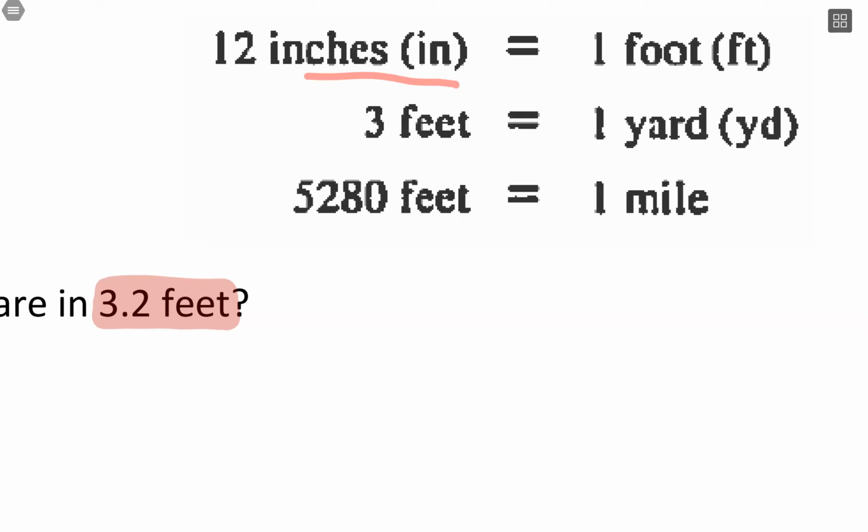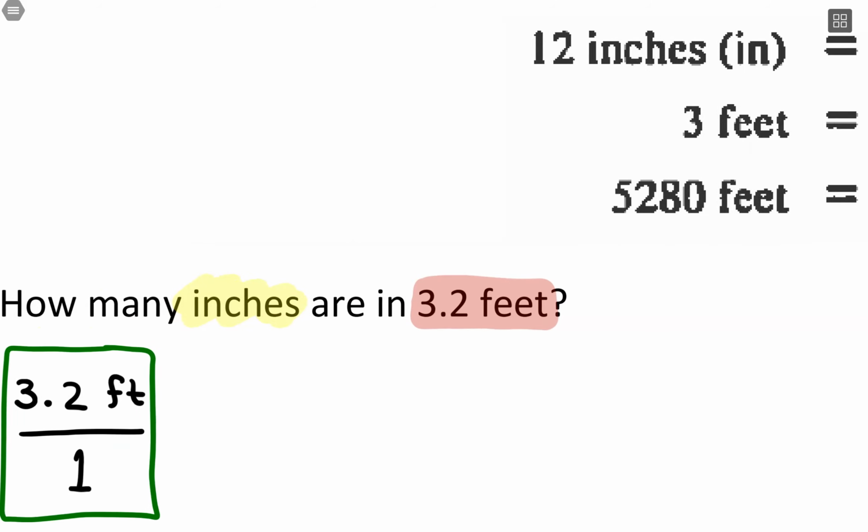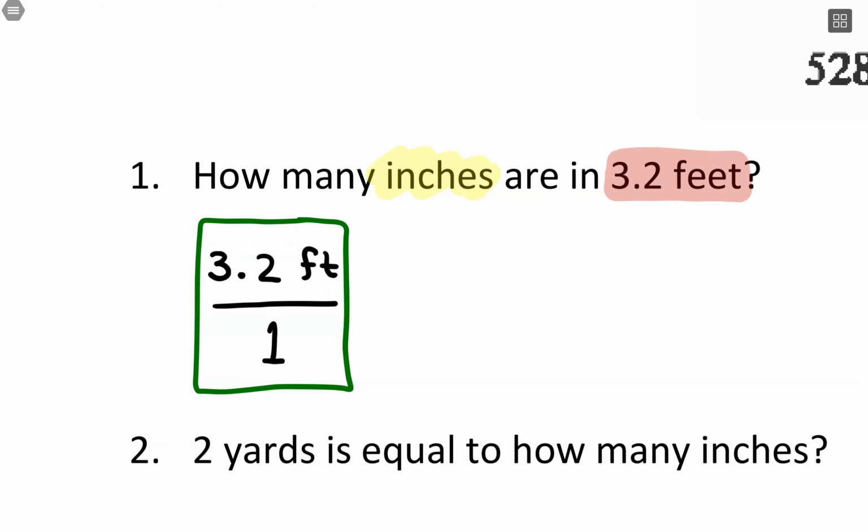But since we know 12 inches is exactly equal to 1 foot, I'm just going to have a single conversion here where we're starting with feet, and then we'll need to do a conversion into inches. So I'm going to multiply to get this conversion. And then I think about the units I want to cancel out. We're starting with feet, but I want to get rid of feet. To get rid of them, that means it needs to be in the denominator for it to cancel out.